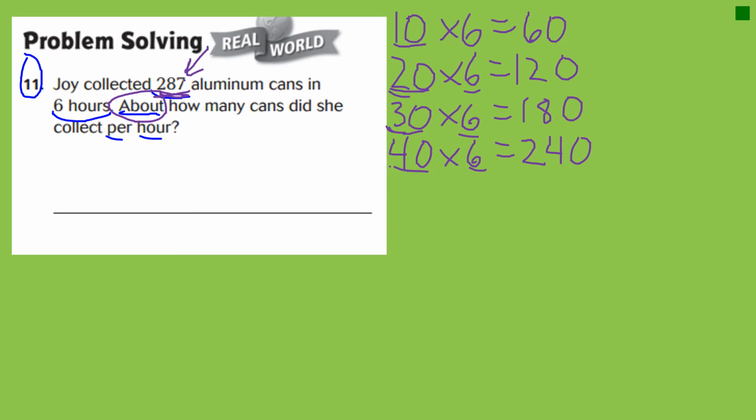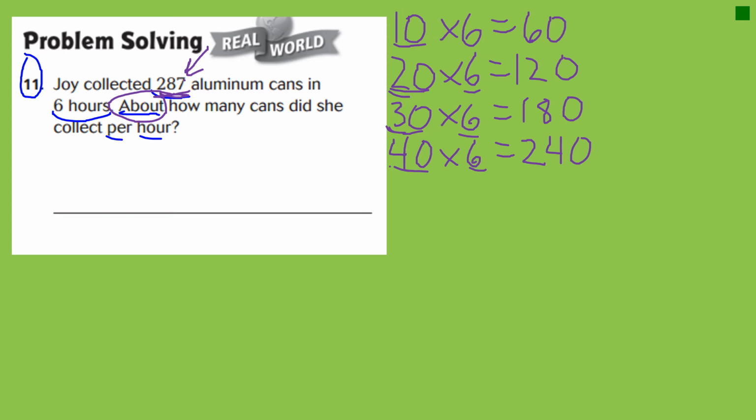Okay, now I'm thinking of going to 50 sets of 6, but before I do, some mental math. 5 times 6 is 30. Add on the 0, that's 300. So that's over, right? So I'm just going to start adding on my sets of 6 to 240 one at a time. Okay?